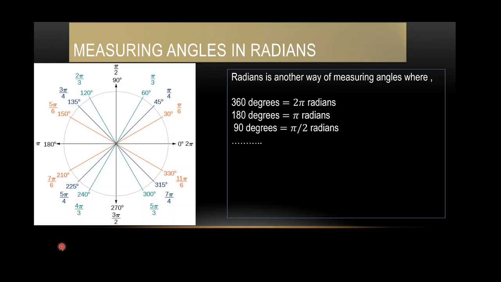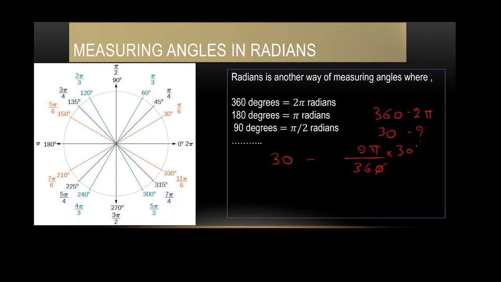So for example, if you want to find how many radians 30 degrees is, as you know, 360 is 2 pi radians. So 30 is how many radians? The answer will be 2 pi by 360 into 30.